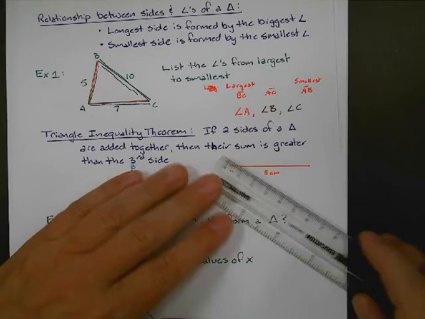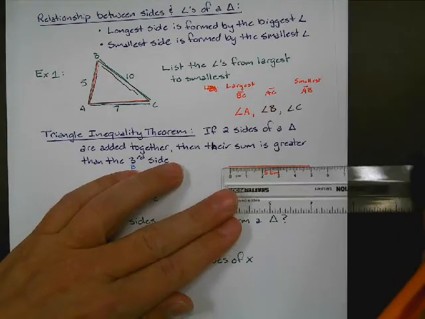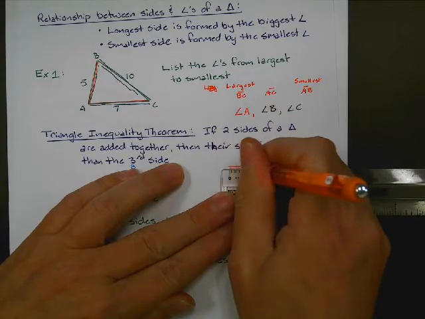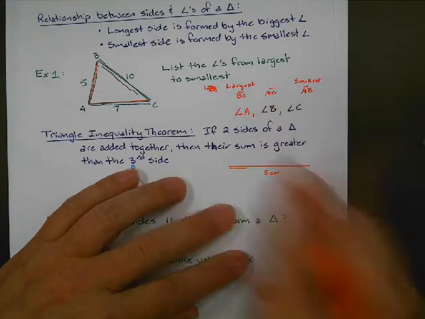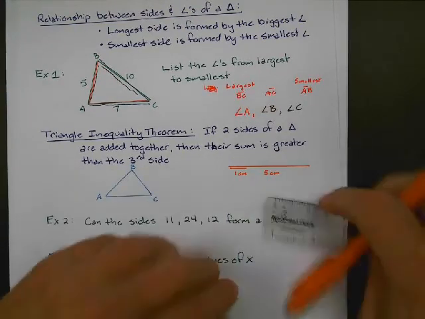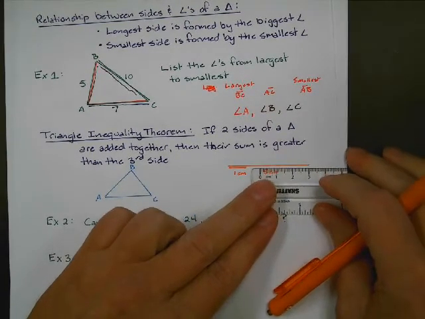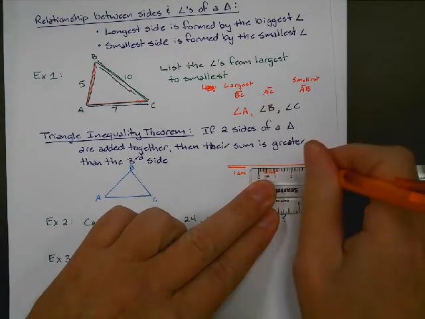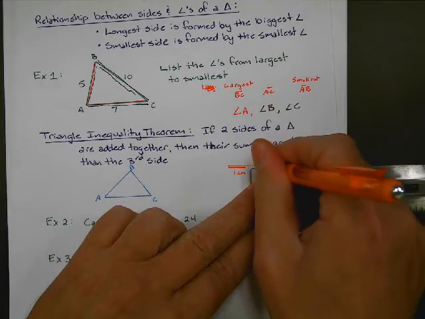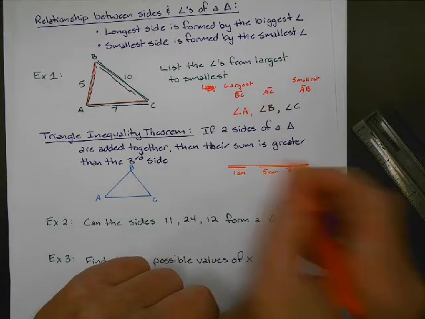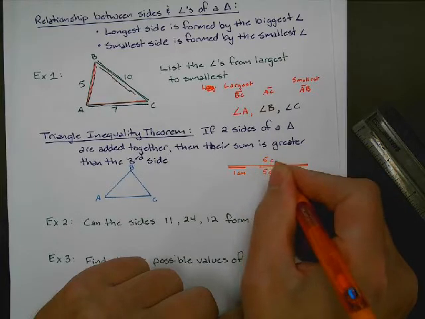Well, if I wanted to make a triangle out of that, 1 centimeter would only go from here to here. There's 1 centimeter. 3 centimeters, the other side, would only make it from here to here. There's 3 centimeters. Guess I should put the 5 centimeters on top, huh?